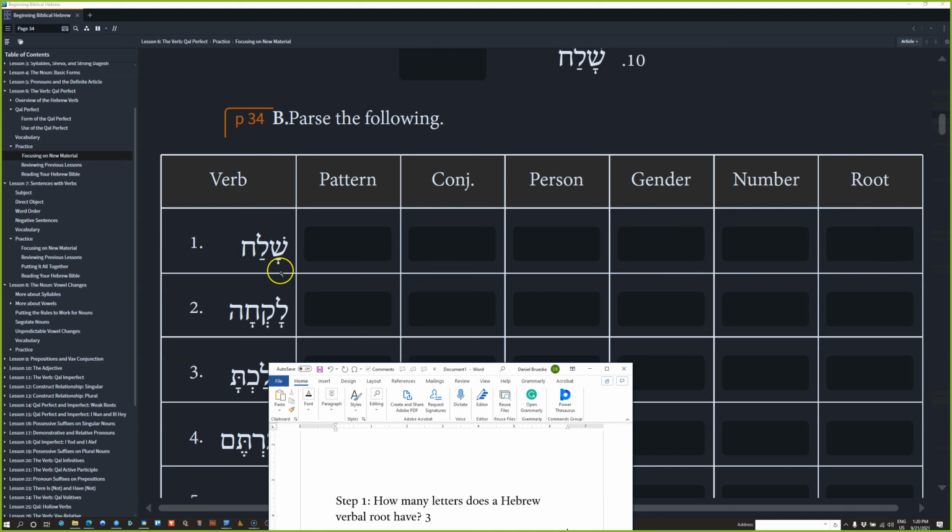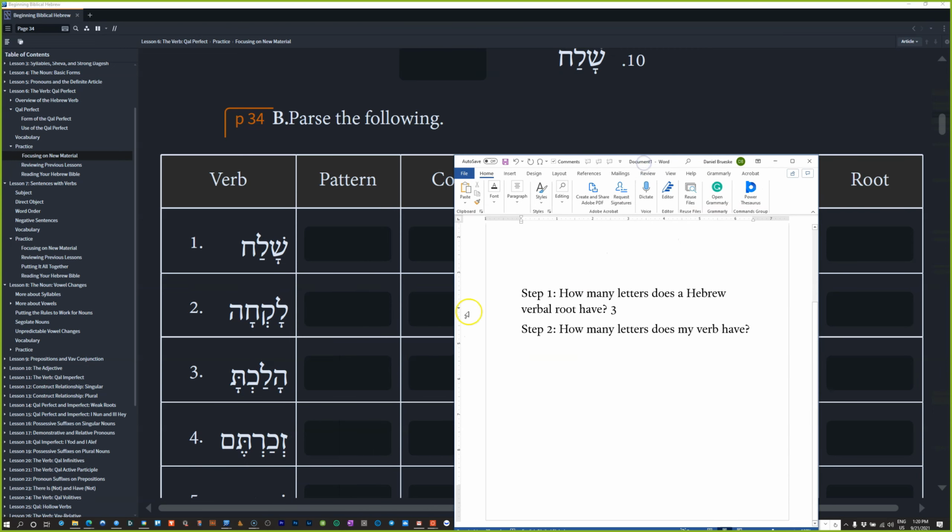You don't need to add these vowels here. These vowels indicate specifically the Qal Perfect 3ms form. So the vowels aren't really part of the root. The vowels are part of the conjugated Qal Perfect 3ms form. All right, so that was pretty simple. I get to step 2 and I ask how many letters does my verb have?